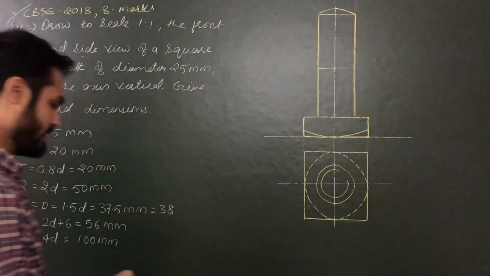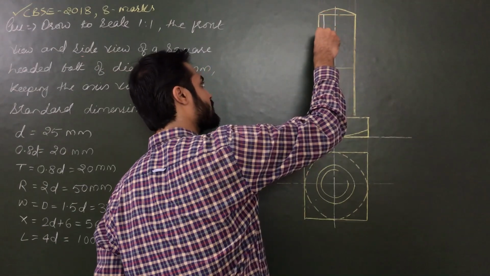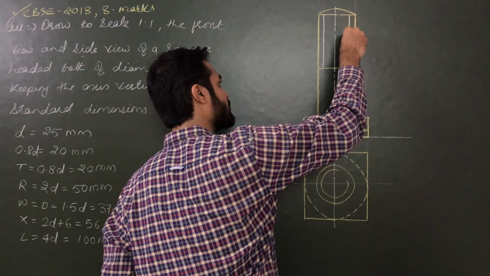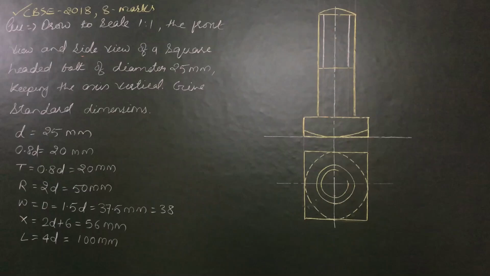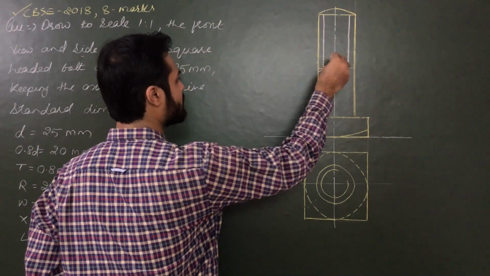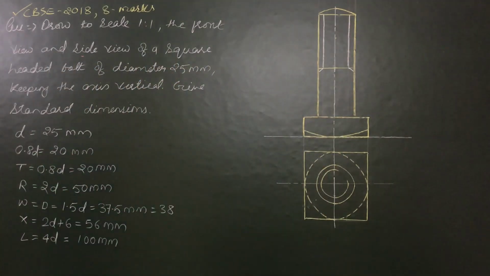This is the limit. And for representation of internal threads, use a medium dark pencil or H pencil, right? And from this point at an angle of 45 degrees, up to the dia D. So this is all about the construction.